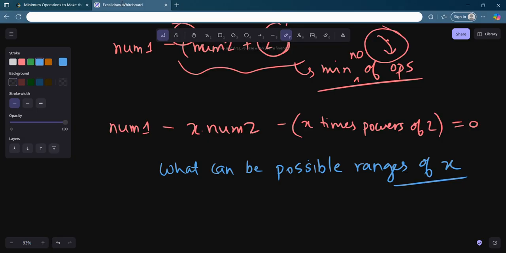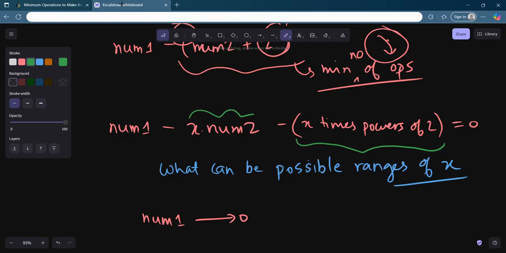So you see I will just name a few things, just for easy understanding. My objective is that I want to reduce this num1 to 0, right? This num1 I want to change to 0. Now in order to do so I need some things. I have this term and this term.